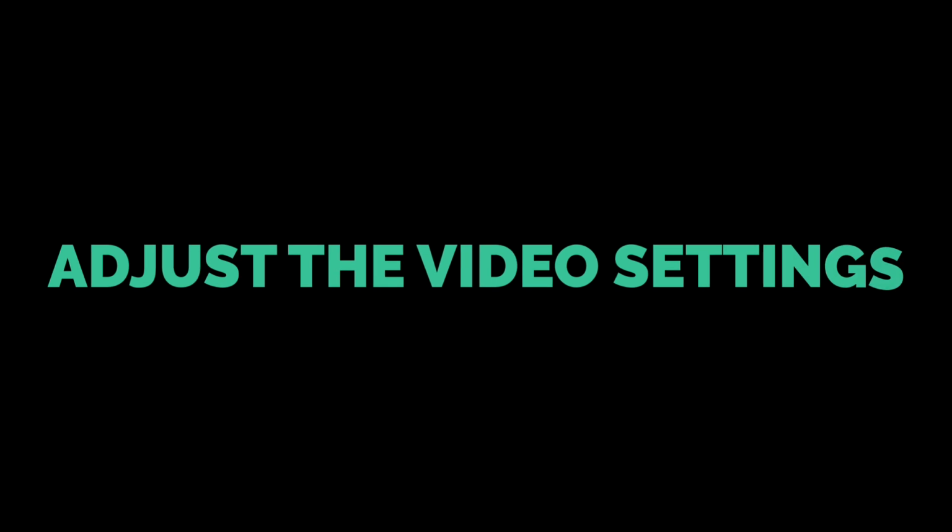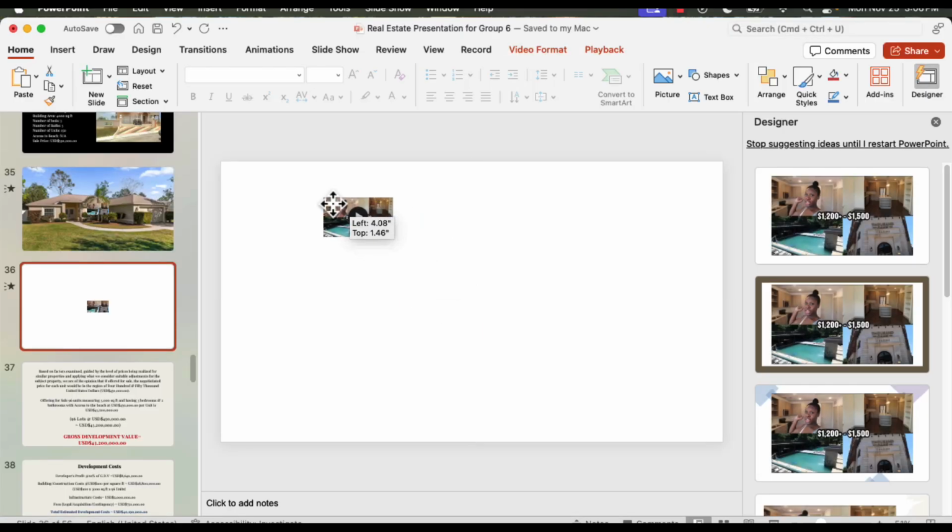Step 3. Adjust the video settings. Now, let's make sure that video fits perfectly within your slide. Once inserted, you can resize this video by clicking on it and dragging the corner handles.